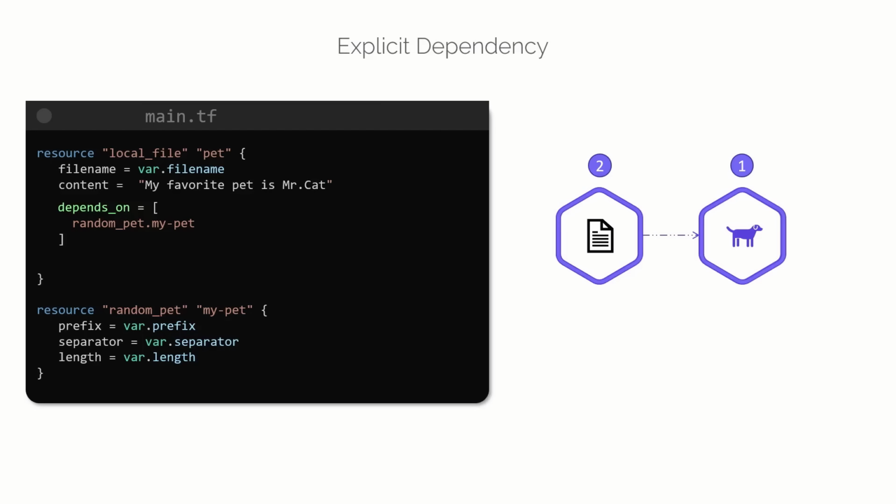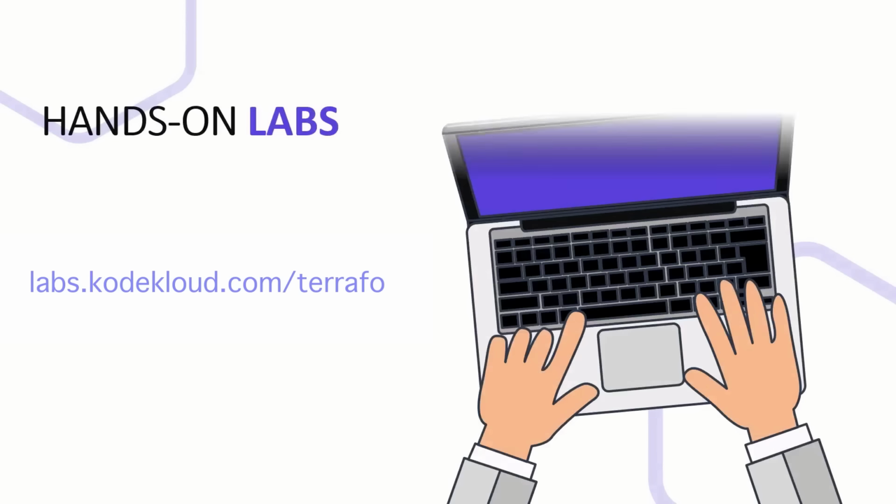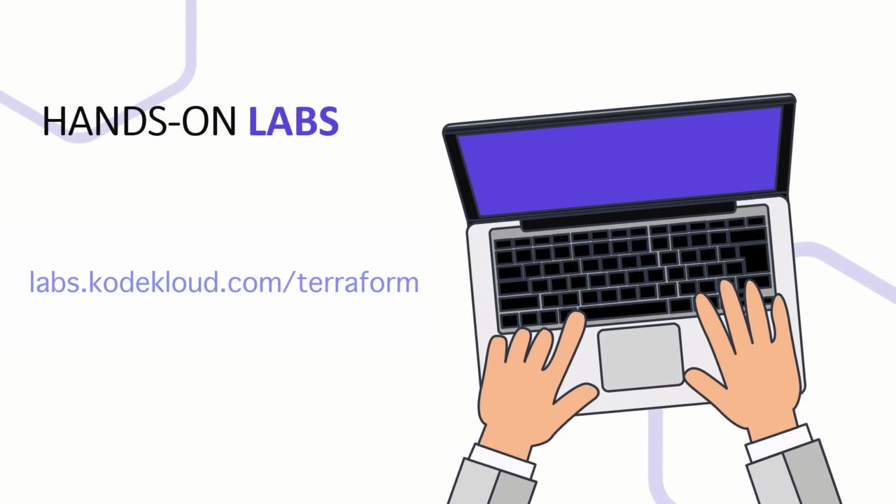Explicitly specifying a dependency is only necessary when a resource relies on some other resource indirectly, and it does not make use of a reference expression as seen in this case. In the later sections of this course, we will see how and when to use this in a real-world use case. Now, let's head over to the hands-on labs and explore working with resource dependencies in Terraform.